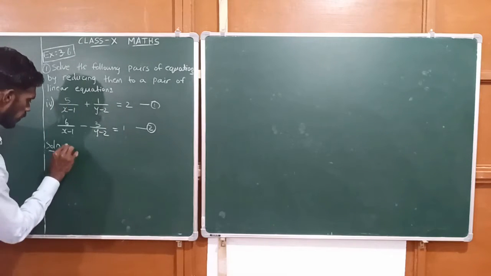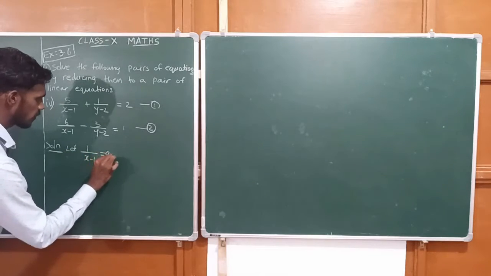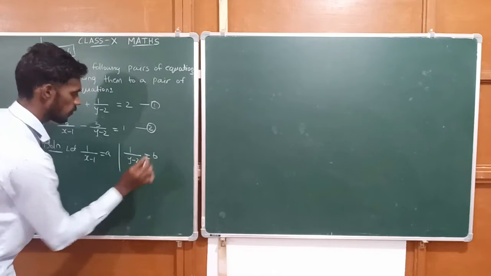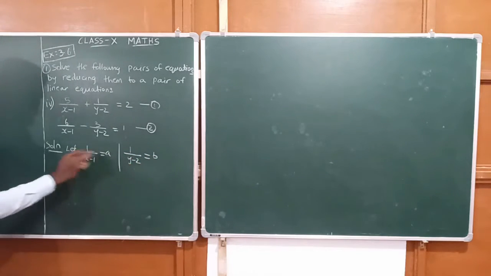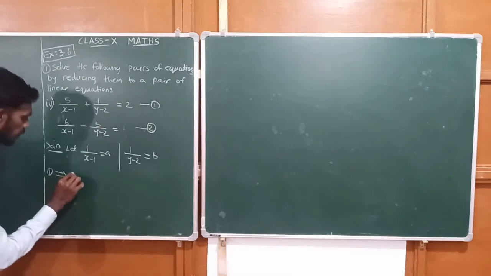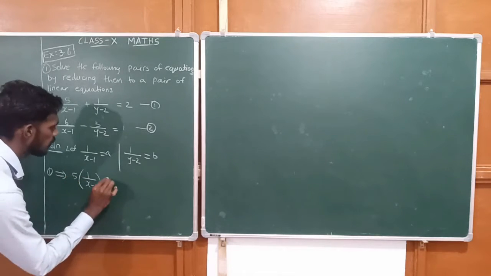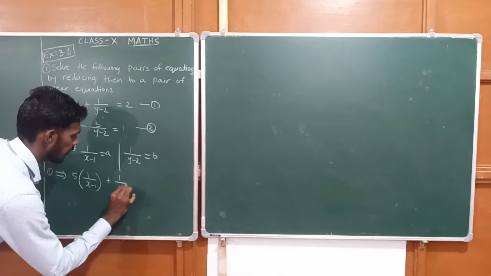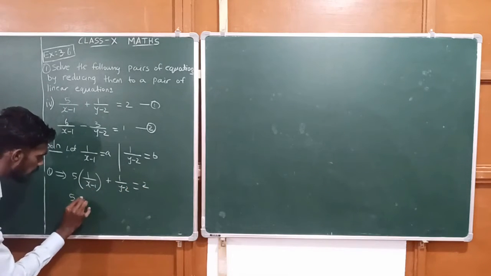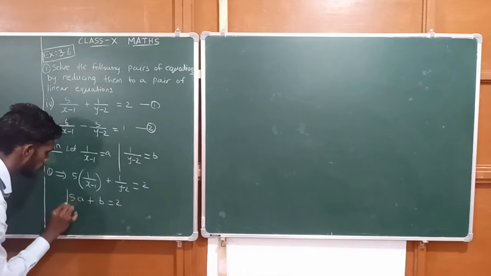Clear? So let us assume 1 by x minus 1 is equal to A and 1 by y minus 2 is equal to B. On substituting these conditions in 1 and 2, the equation 1 will become 5 into 1 by x minus 1 plus 1 by y minus 2 is equal to 2. So it is 5A plus B is equal to 2.